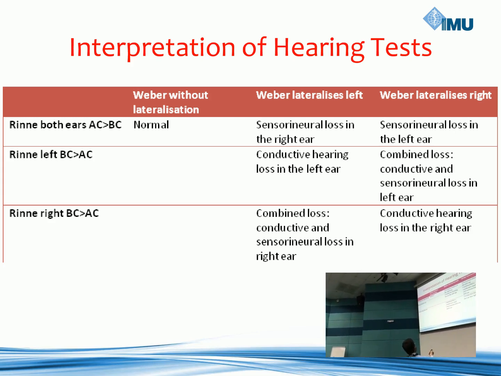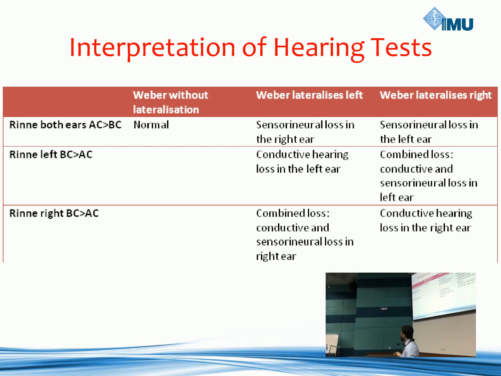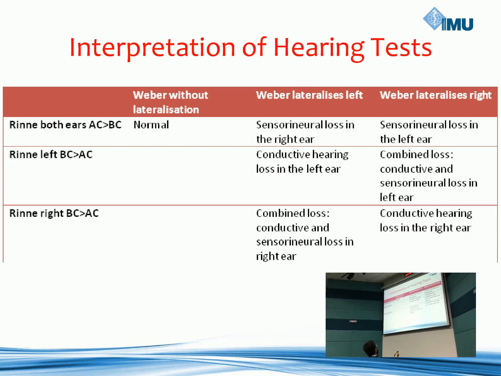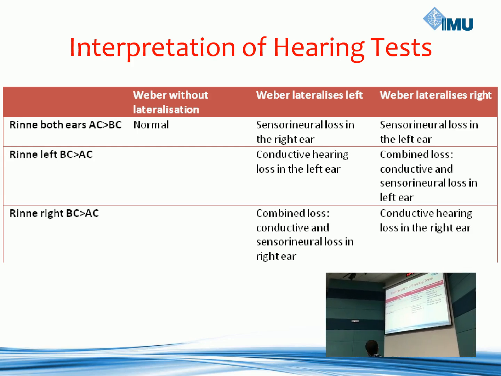If the Weber lateralizes left, so it confirms what you did with the Rinne's test. Conductive deafness in the left ear. Okay? But if the Weber lateralizes to the right, it could be a mixed disorder. There could be conductive deafness, okay, and sensory neural loss on the left side.